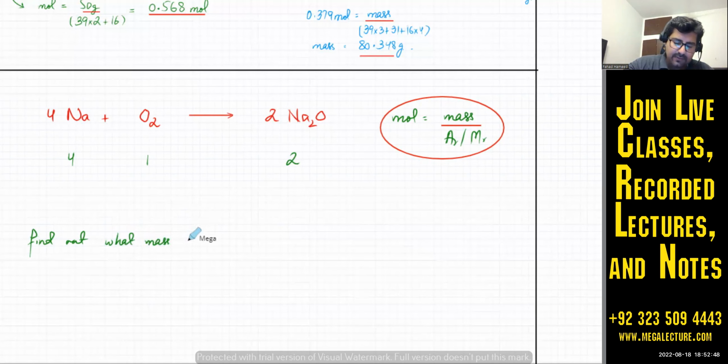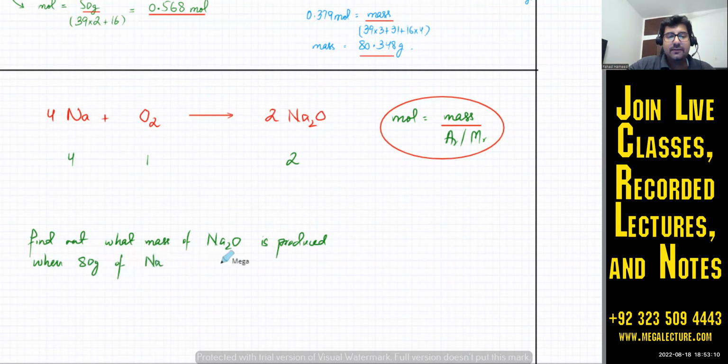Okay, so what mass of Na2O will be produced when you have 80 grams of sodium? So you got 80 grams of this, right? That's the question. Or हिसाब ही लगाना कि what mass of this will be produced.